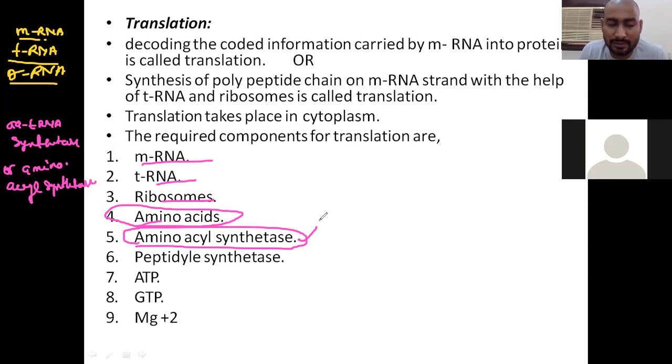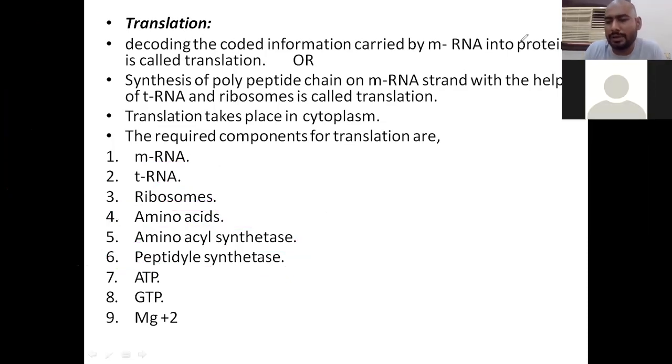Okay, and there is also one enzyme found, the peptidyl synthesis. This is the ribozyme. Peptidyl synthesis, so you can say it is the ribozyme. Anyone, can you tell what is the ribozyme? Gauri: It may act as a catalyst, sir. Very good.